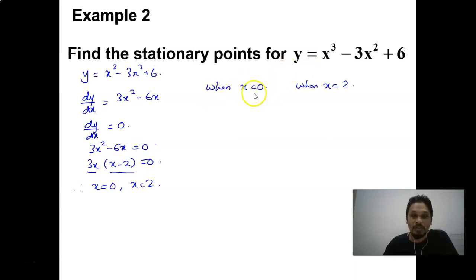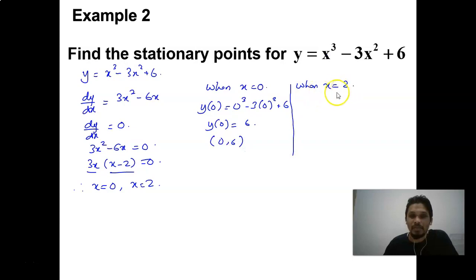So substitute x equals 0 into the function of y. y(0) equals 0 cubed, minus 3 times 0 squared, plus 6, so y(0) equals 6. So the coordinate of the stationary point here is 0, 6.